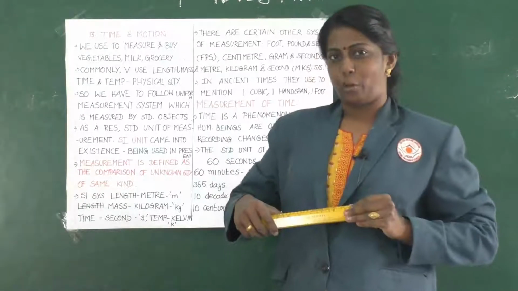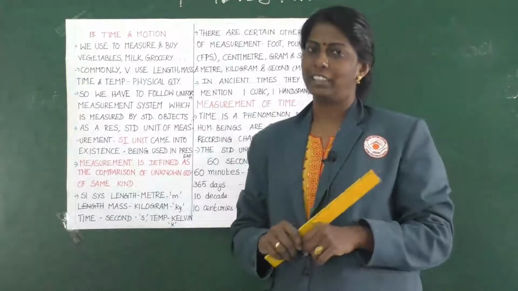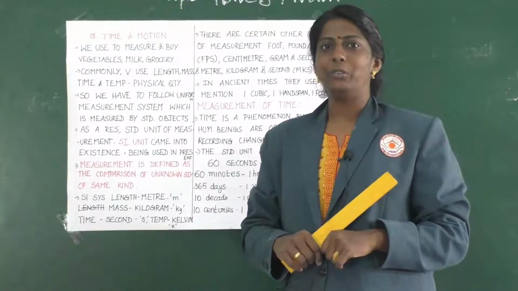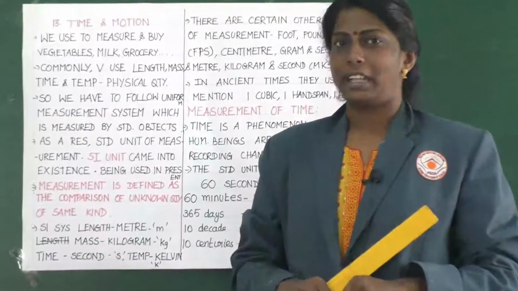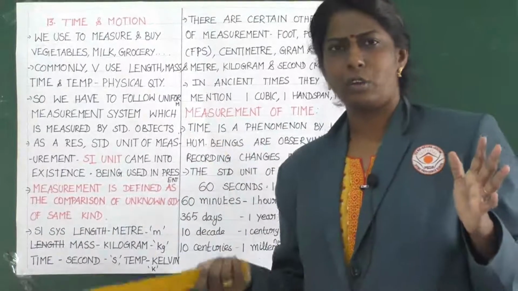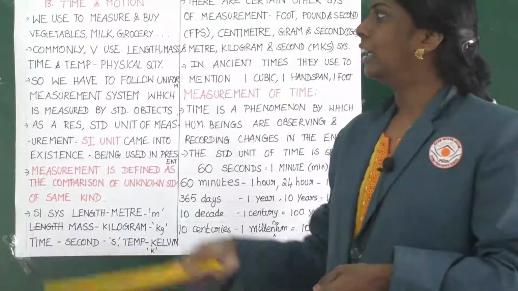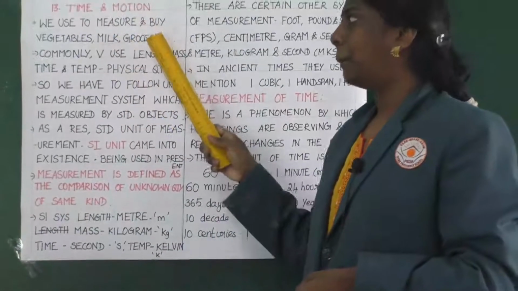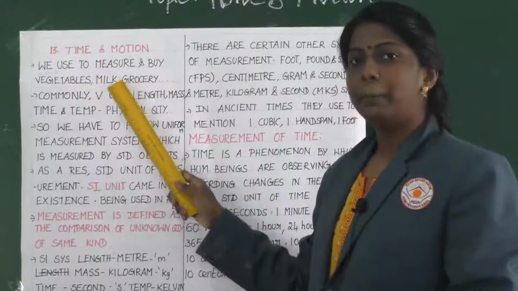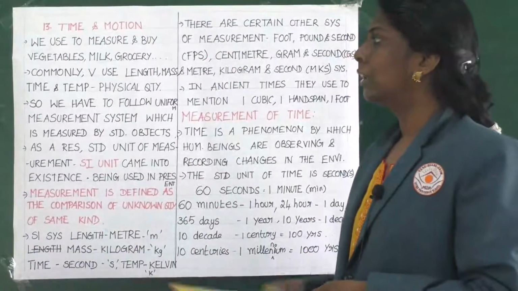Now let us start the topic, that is time and motion. Clear? So in our daily routine we buy so many vegetables, oil, groceries, so many things from morning to evening, is it not? We measure and buy vegetables, milk, grocery and so many items.